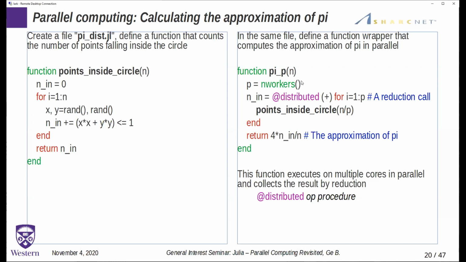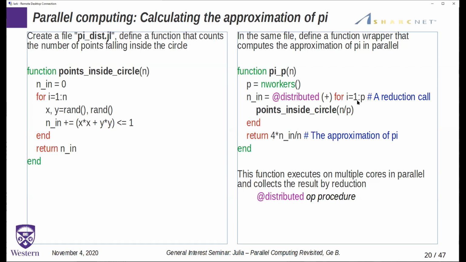And then we write another wrapper function called pi_p. First we get the number of workers we defined, and then just pay attention to the next line. We have a for loop because we want to dispatch the amount of work among workers.